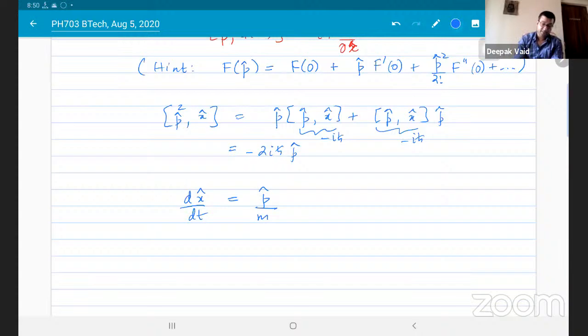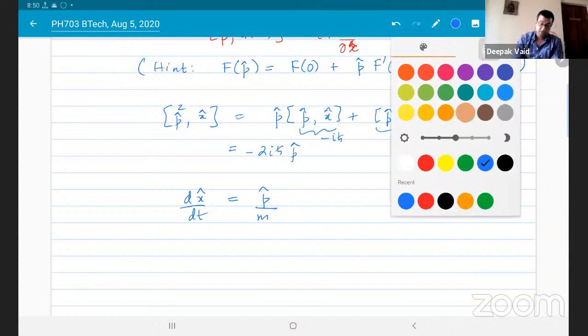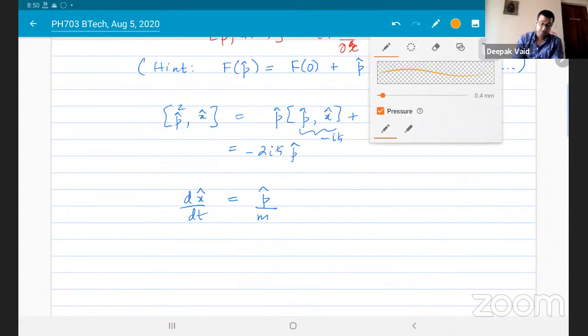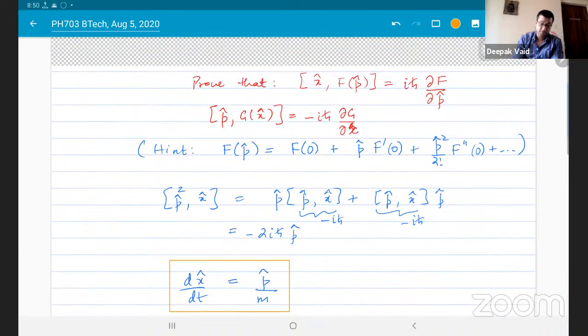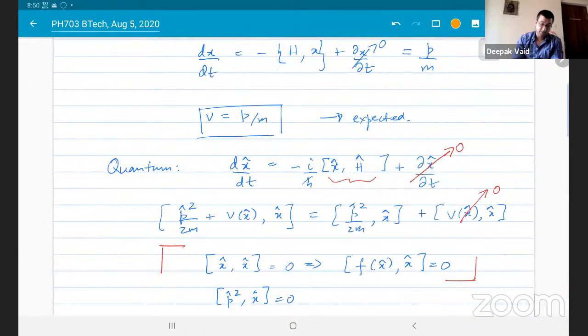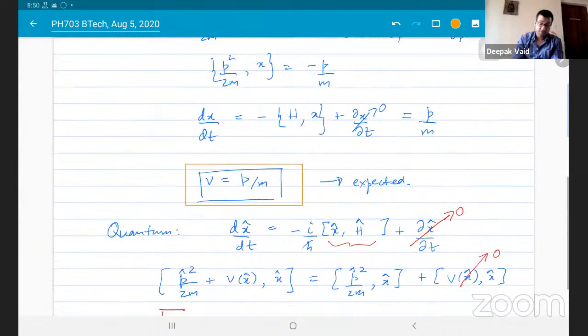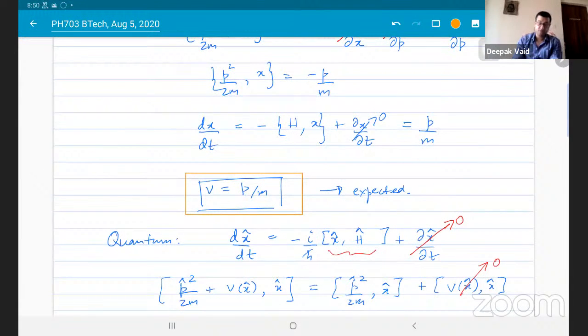Now this expression looks exactly the same as a classical expression. What is the classical expression? That dx by dt is equal to p by m.